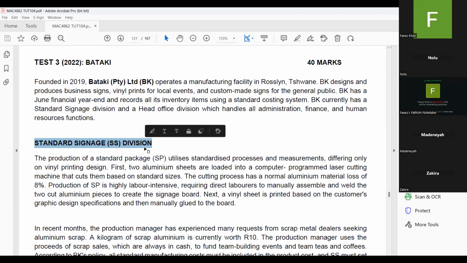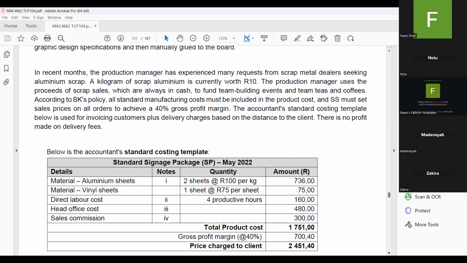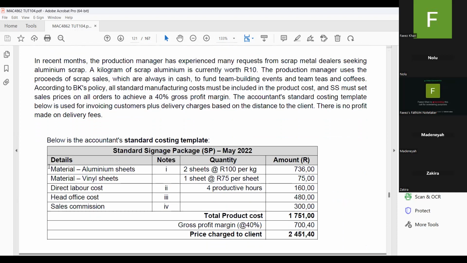Now, in this question, the accountant gave us the cost of the product. Okay, so let's just quickly scroll down. Okay, so the cost of a product, here they gave us this over here, what this accountant did in including the cost of a product.